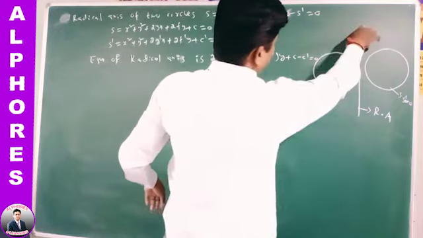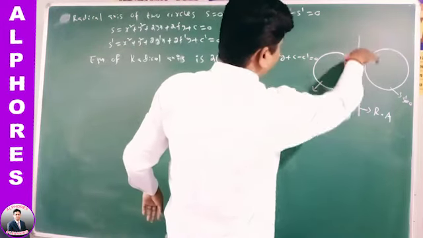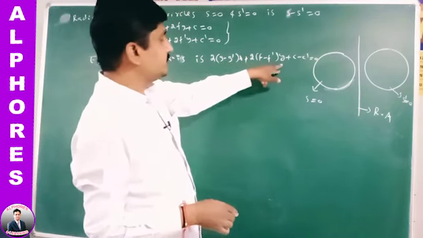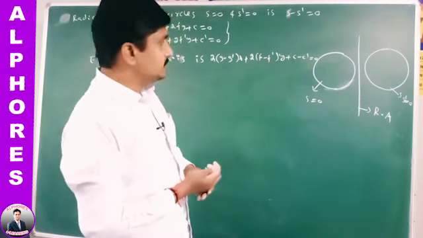This is the radical axis of these two circles. The equation of this line is 2(g - g')x + 2(f - f')y + c - c' = 0.